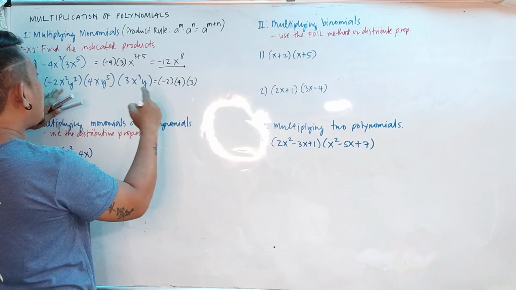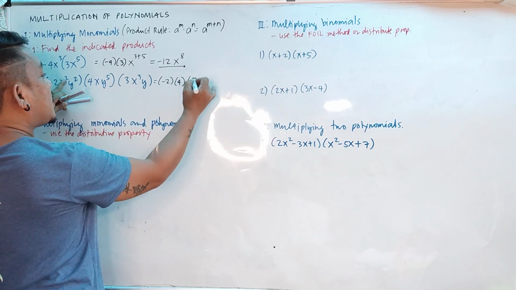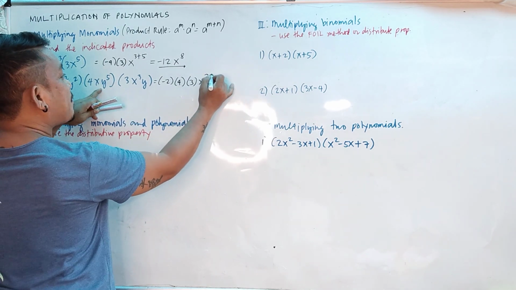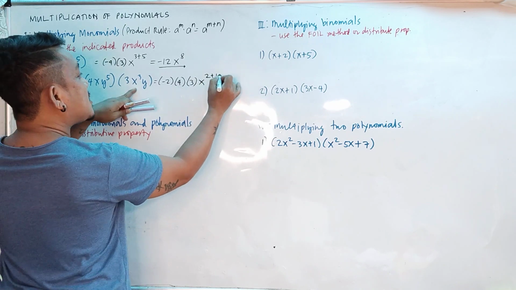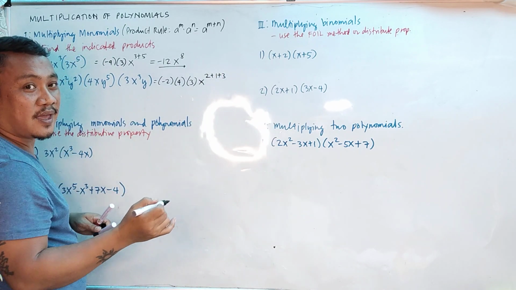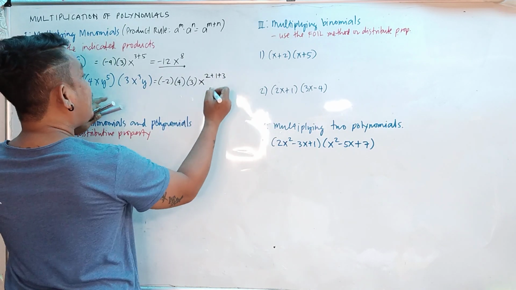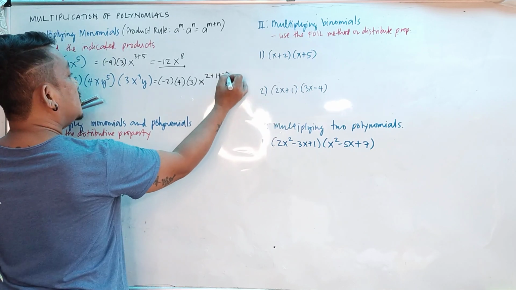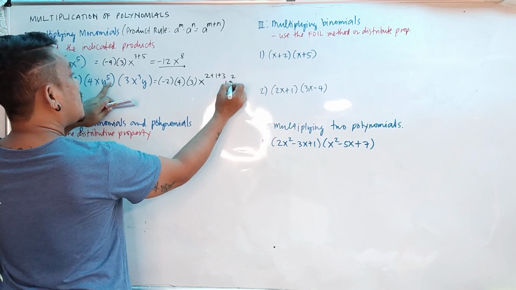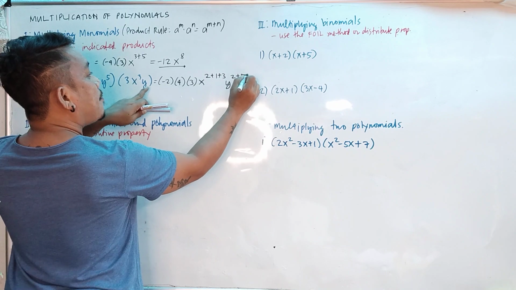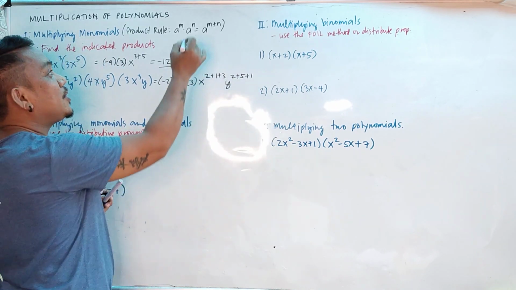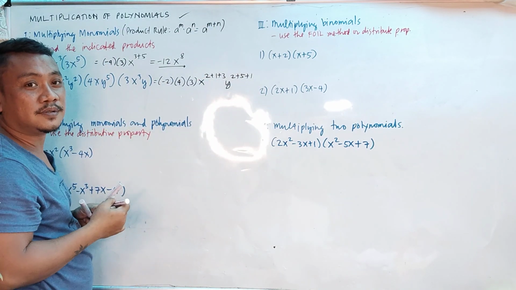Then look at the variables, we have x. So it has a power of 2, diri it has a power of 1, diri it has a power of 3. Klaro? Then for the variable y, of course, you will write 2 plus 5 plus 1. According to this law or rule.